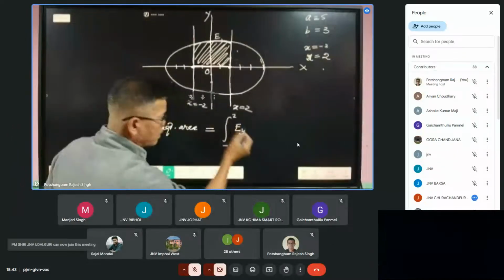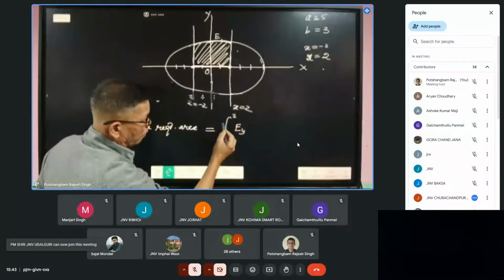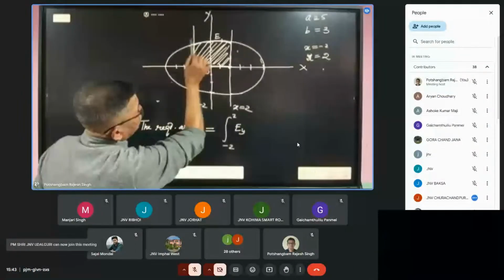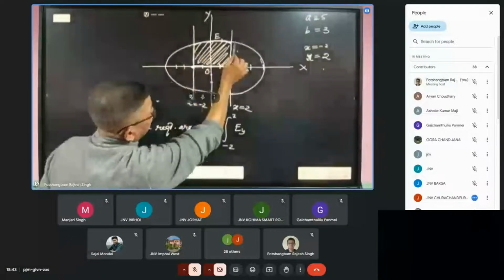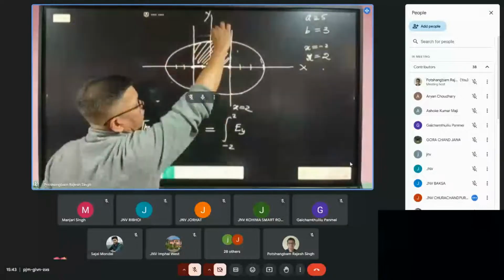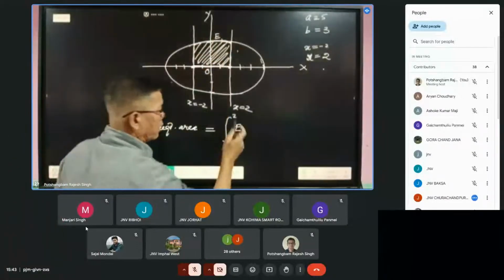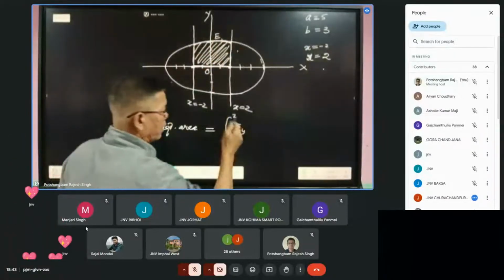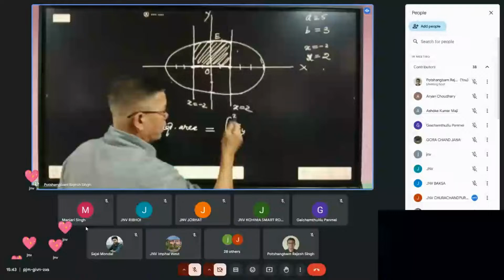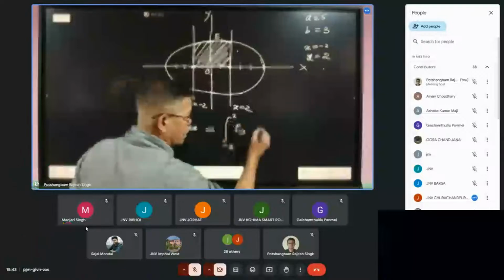The area is bounded by this ellipse up to the x-axis. So, as the area is bounded up to the x-axis, integration should be done with respect to x, from -2 to 2.